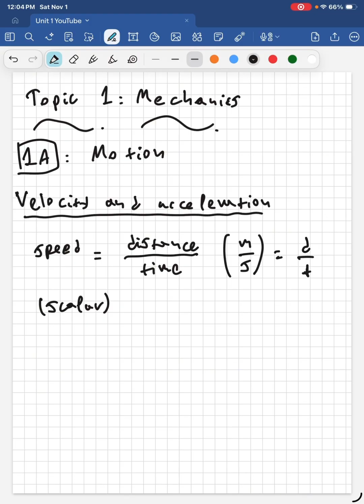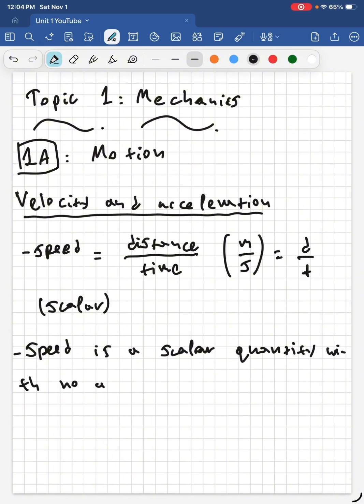It's a scalar quantity, no direction, okay? So let's write that down. So speed is a scalar quantity with no associated direction.